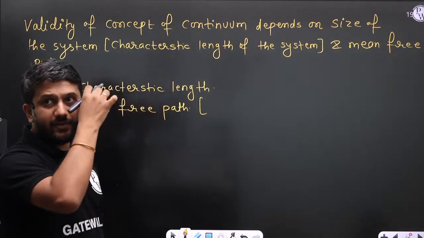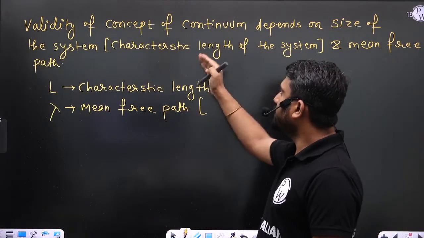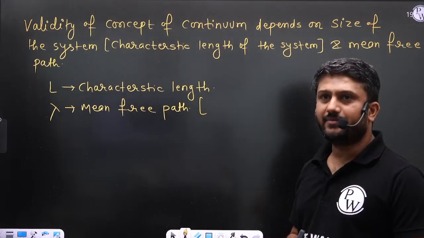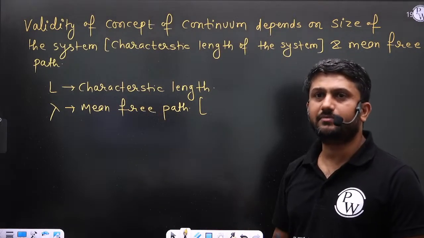And what is the mean free path actually? See, L is clear, L represents the size of the system. But what about this lambda? Lambda is the mean free path, but what is the mean free path?